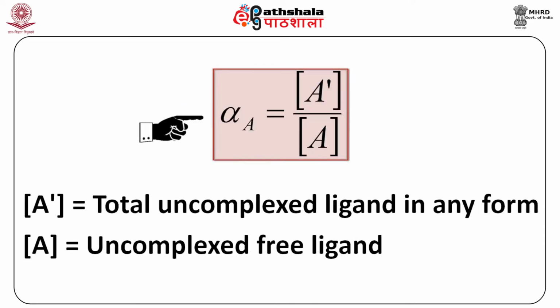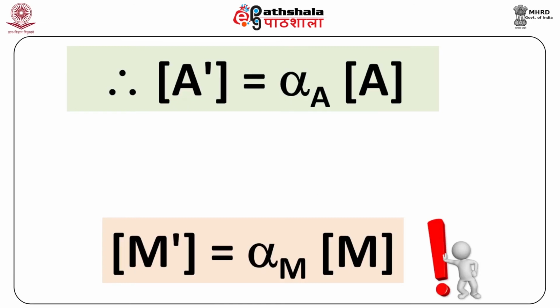Similarly, alpha A is equal to the ratio of the concentration of A dash to A. Here A dash is the total uncomplexed ligand in any form and A is the uncomplexed free ligand. Therefore, A dash concentration is equal to alpha A times the concentration of A, and M dash concentration is equal to alpha M times the concentration of metal M.